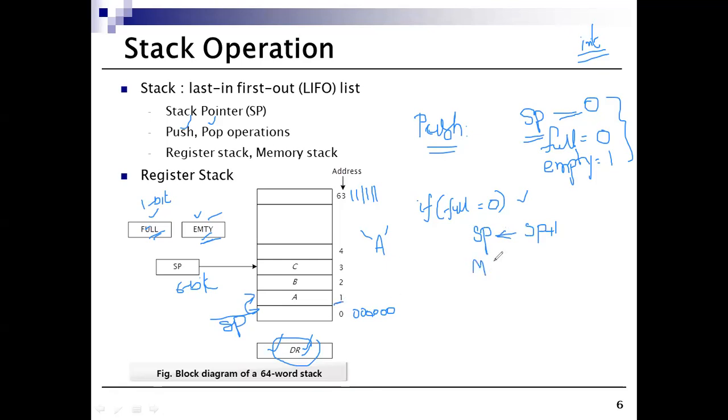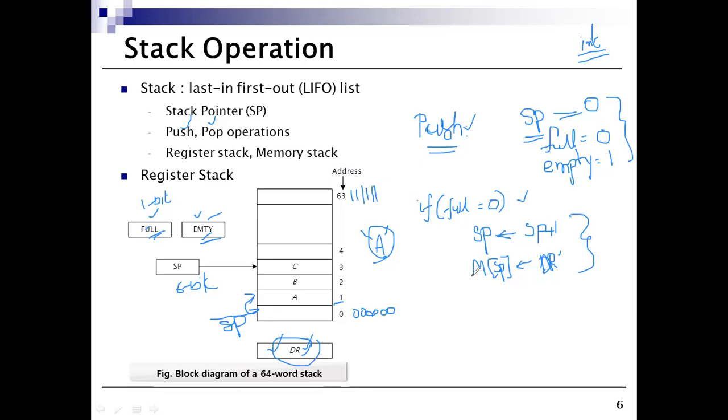And in the place pointed to by SP, I transfer the contents of DR. So you have to load your A into DR first. With the help of the data register, the transfer happens. In DR, we will load the element A. So these two are the micro operations for push.